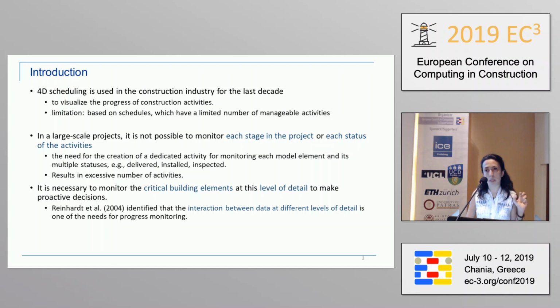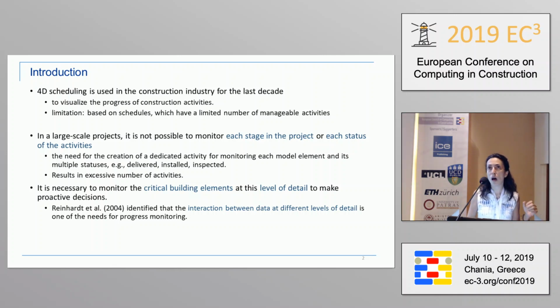First of all, the components are grouped, so you don't see the progress on individual components. And then the second problem is you cannot see different phases of the project or different statuses of the activities.